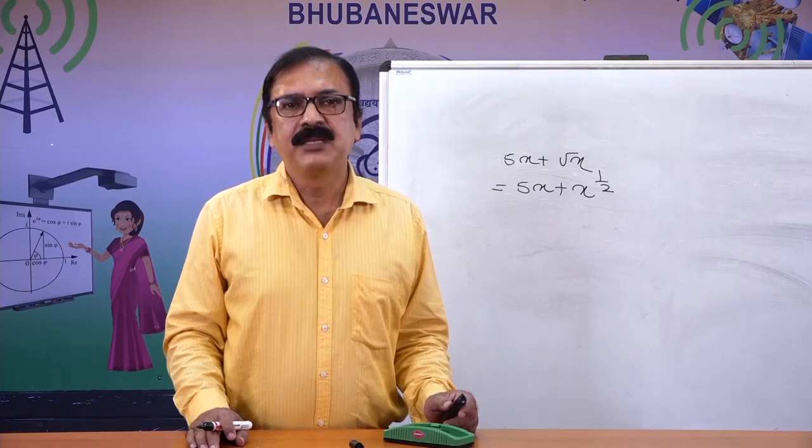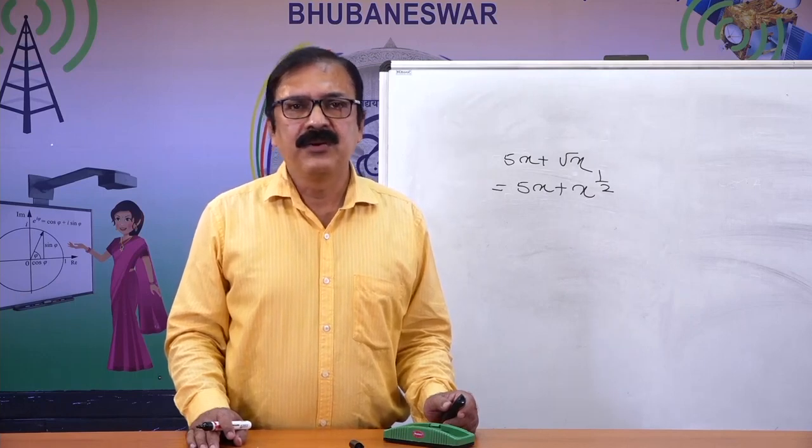Now minus 7x to the power 4 is a monomial and its degree is also 4. Now 105 is a constant. We have learned that constants are polynomials of degree 0, so 105 is a polynomial of degree 0.